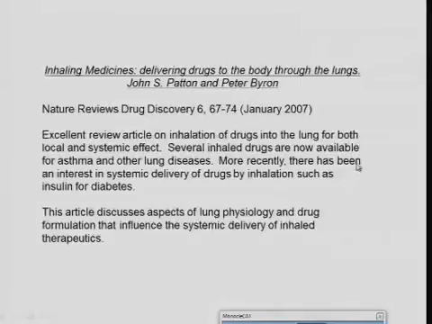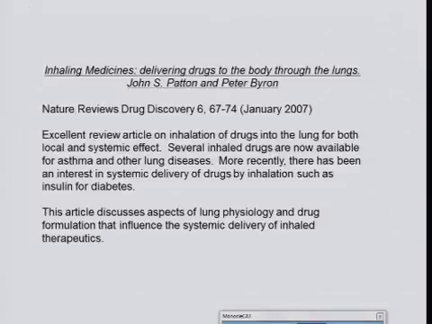Now, we talked about the lungs being important in medicine, the ability to deliver drugs. When we talk about inhalers, we're administering the drugs directly within the airway, but it's also been known and researched that we can deliver a variety of drugs through the airway.